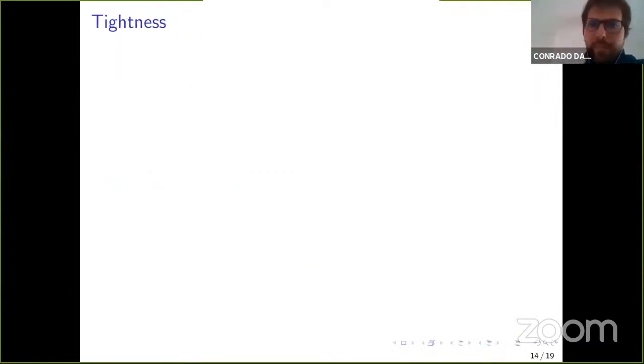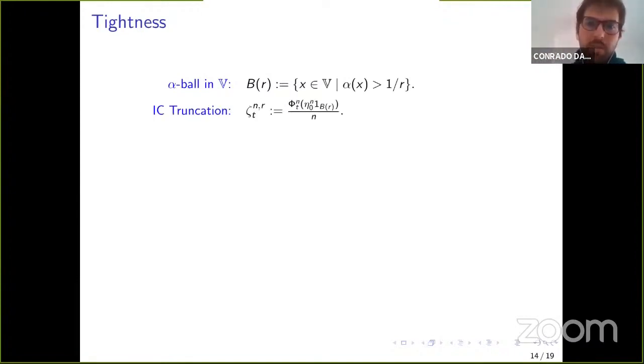After the construction of the family, the question is, can we show it's tight? The proof of tightness is based on considering a localization of our evolution inside a ball. Remember that the sum of alpha x was finite.